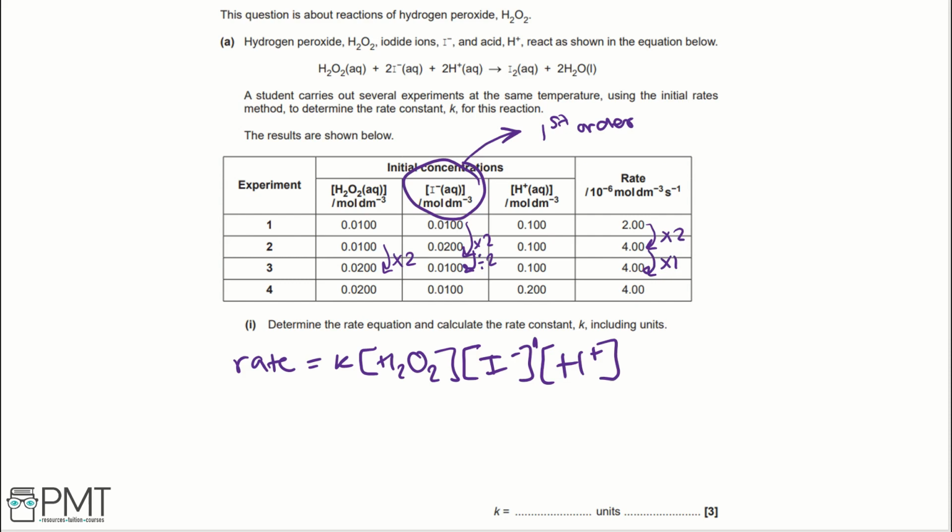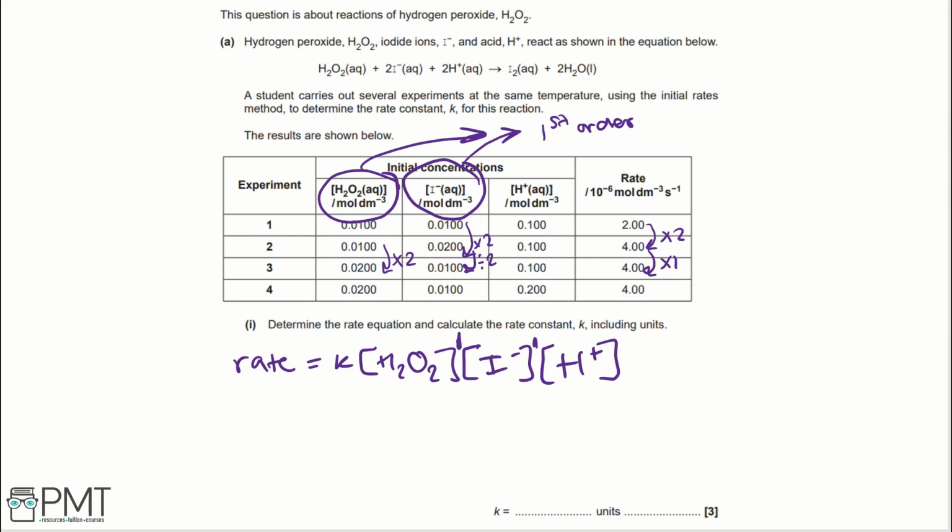And if we know that I- is first order, we would expect rate to half. But it hasn't, it stayed the same. And because hydrogen peroxide, H2O2, has increased by times 2, therefore the order of reaction for H2O2 is also first order, so it would have a 1.